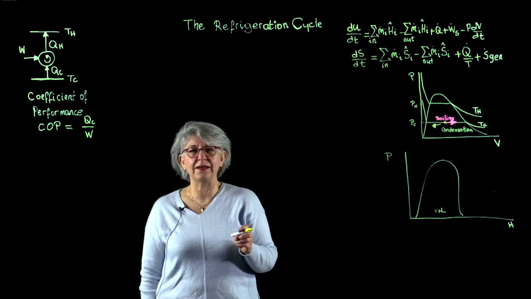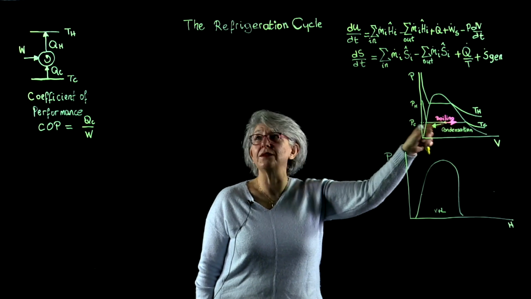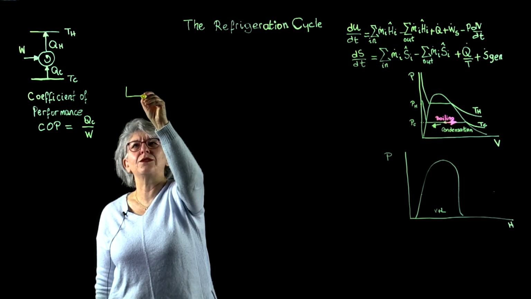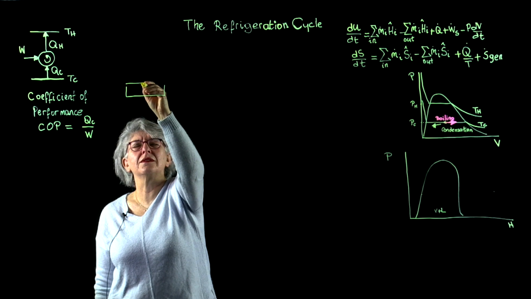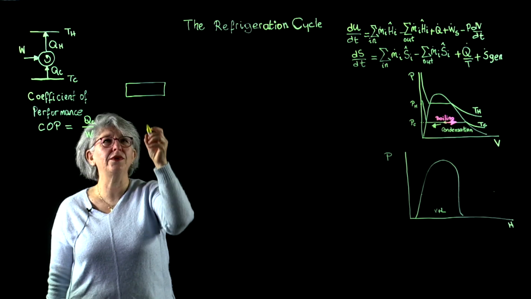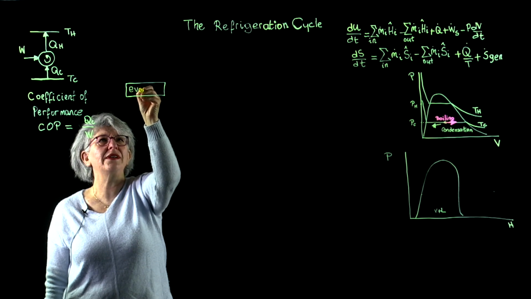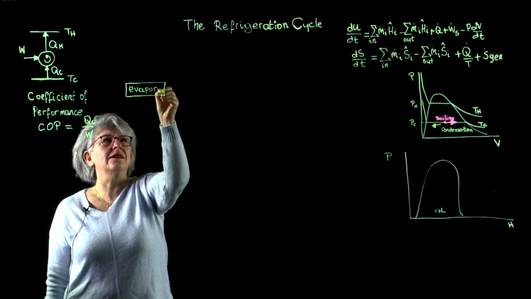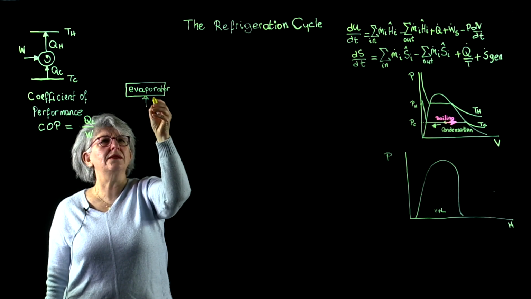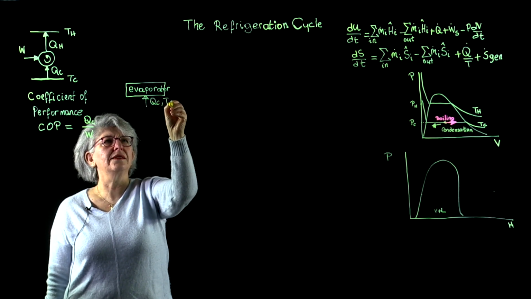Our refrigeration cycle is going to be a boiler which is going to operate at T cold, or it is not a real vigorous boiling, it is a smooth evaporation, so we call this an evaporator, which is going to absorb heat at T cold.